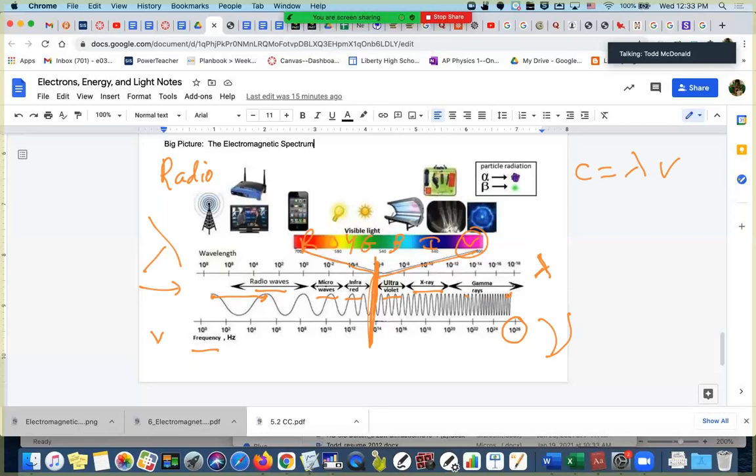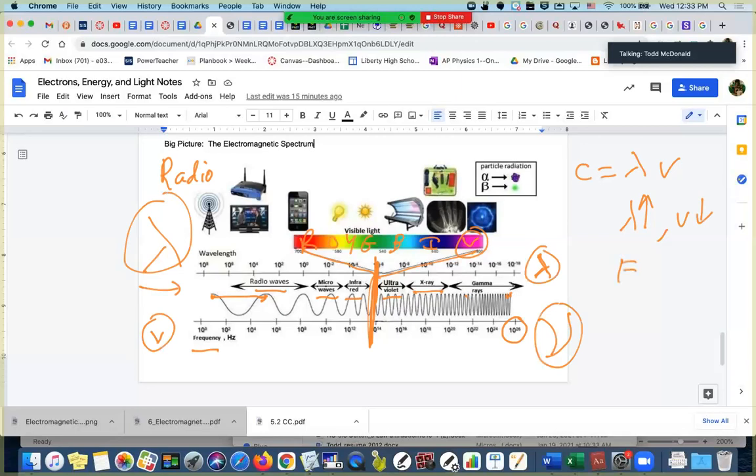It always has to equal the speed of light. So if I increase my wavelength, then my frequency has to decrease. Those correspond. They're an inverse relationship, just like with gases. Pressure and volume, remember, were in that inverse relationship. You increase pressure, volume goes down. Same thing here. You have a bigger wave, you're going to have a smaller frequency. You have a smaller wave, you have a bigger frequency.